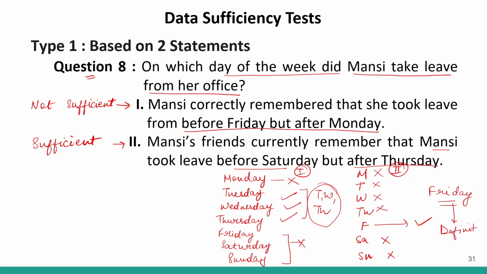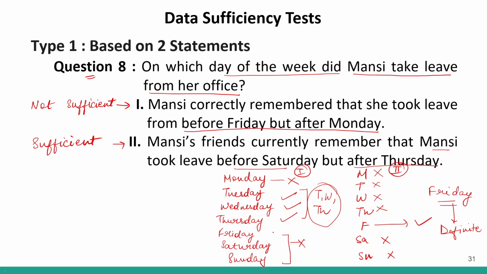But this is not in alignment with these 3 possibilities. Friday was not even considered in statement number 1. So whether this is true or not, as I told you, in data sufficiency, we do not have to find the solution. We just have to check whether using this data, we are able to find an answer. These answers could be different.